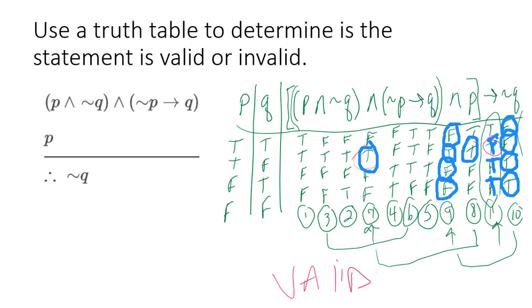But in our case, we have true and true, but it gave us a false, so that would make it invalid. Again, you only look at when both premises are true and your conclusion is true.